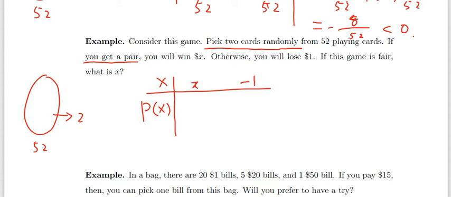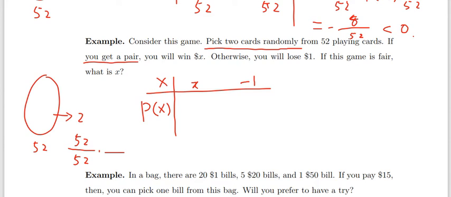For such a probability, because we just pick 2, we can consider them one by one. We can use the one by one method. For the first card, you just pick any card.